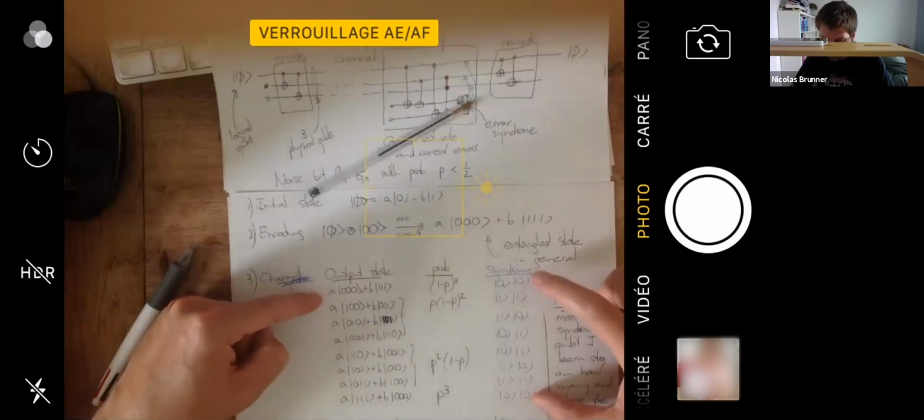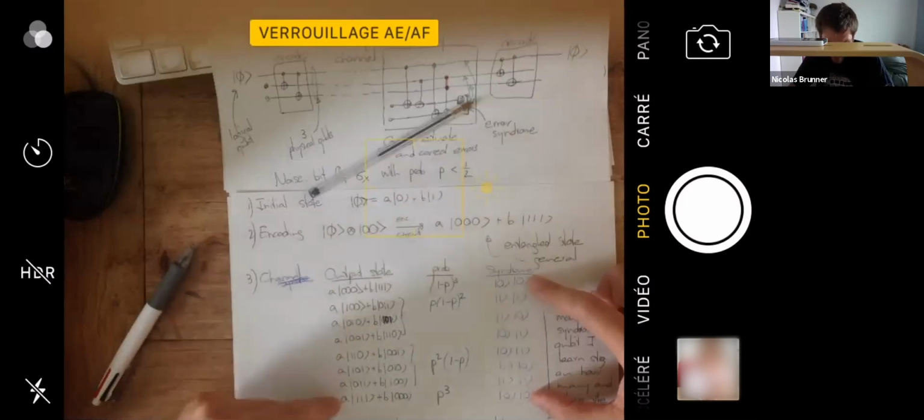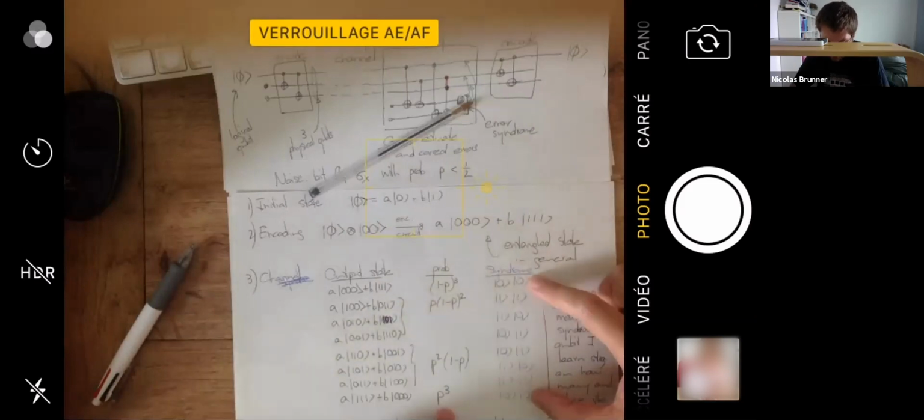So namely, if I measure a syndrome of 0, 0, then I will do nothing, right? Because it's much more likely I got the correct state already. Of course, there are cases where I will get it wrong, where it will be the case that there were 3 errors, and this will induce an error. But the point is that this will be very unlikely, and therefore, on average, I'm going to win.